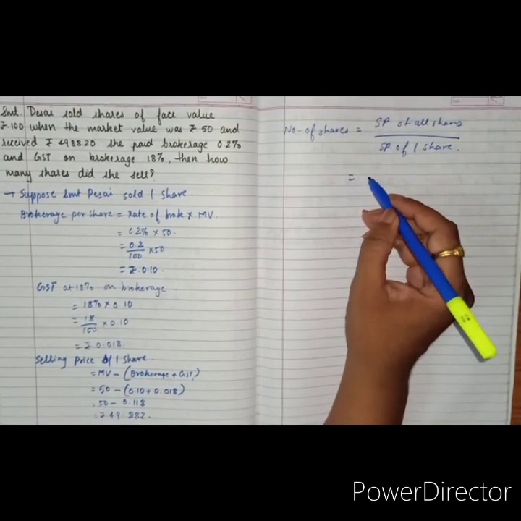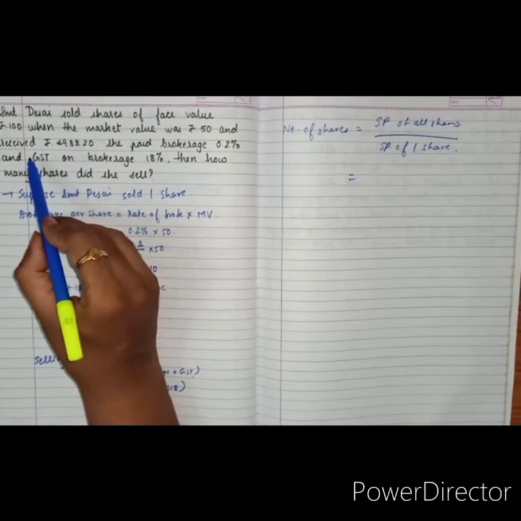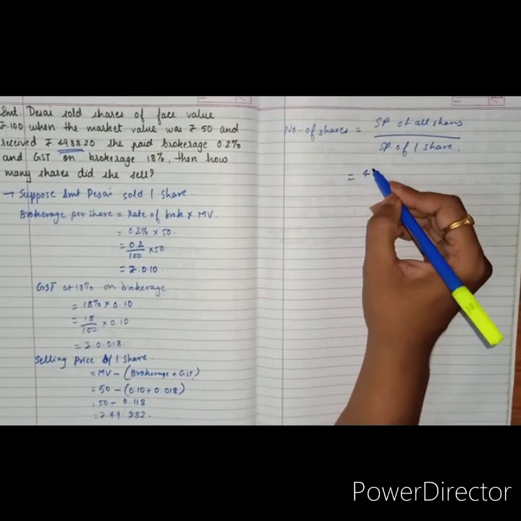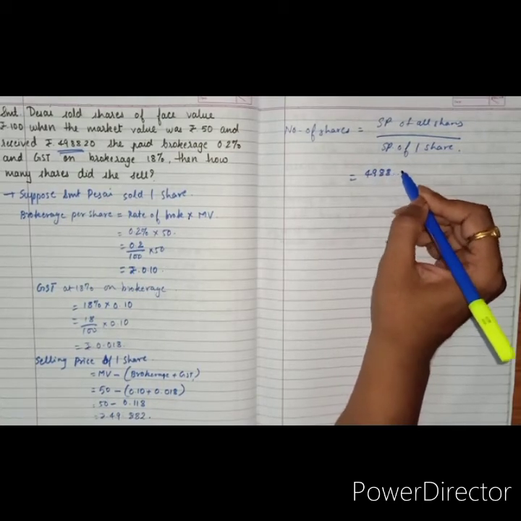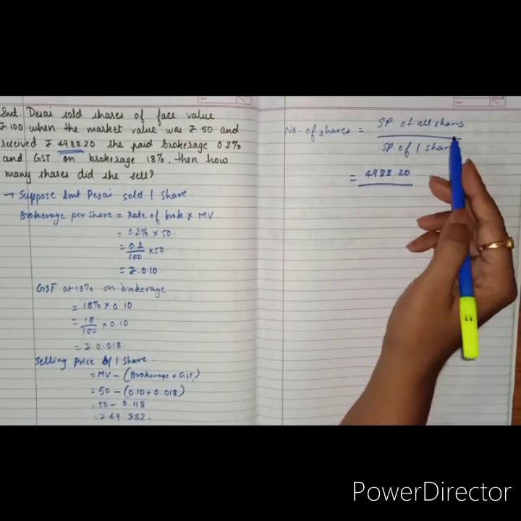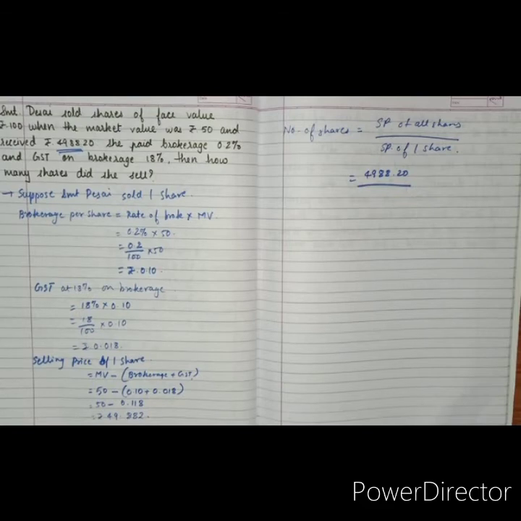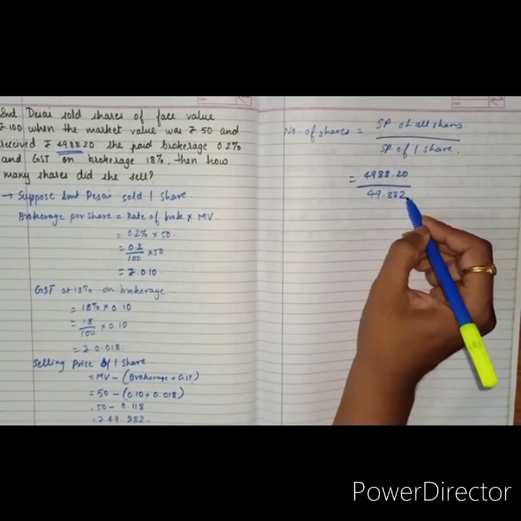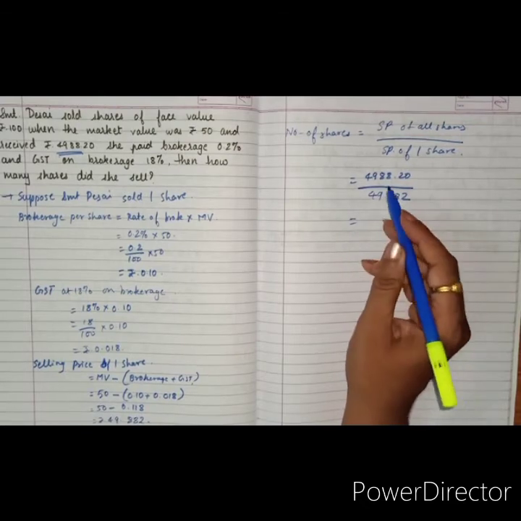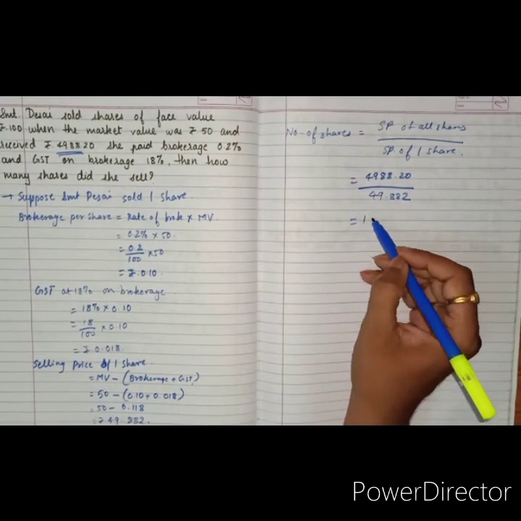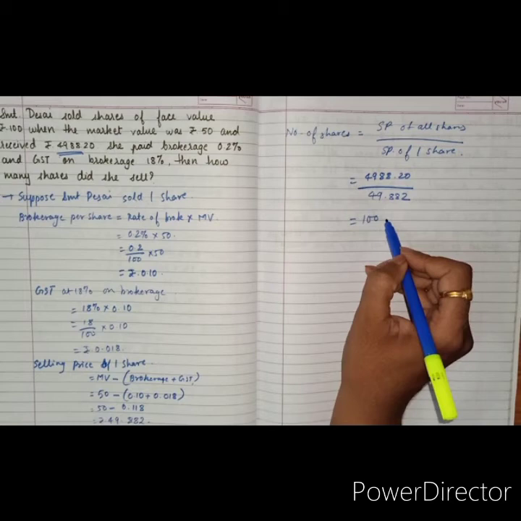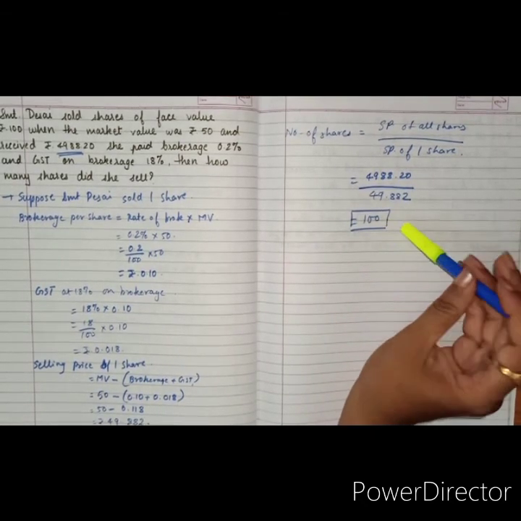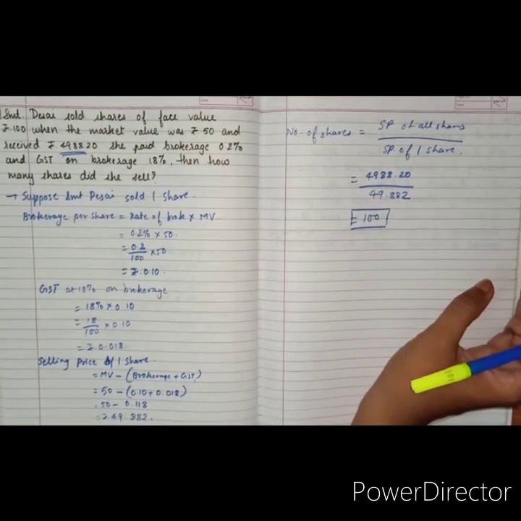The selling price of all shares is what she received after selling, 4988.20, divided by the selling price of one share, 49.882. If you calculate and see, do it for yourself, you should get the answer 100. This is the number of shares she has sold, that is 100.